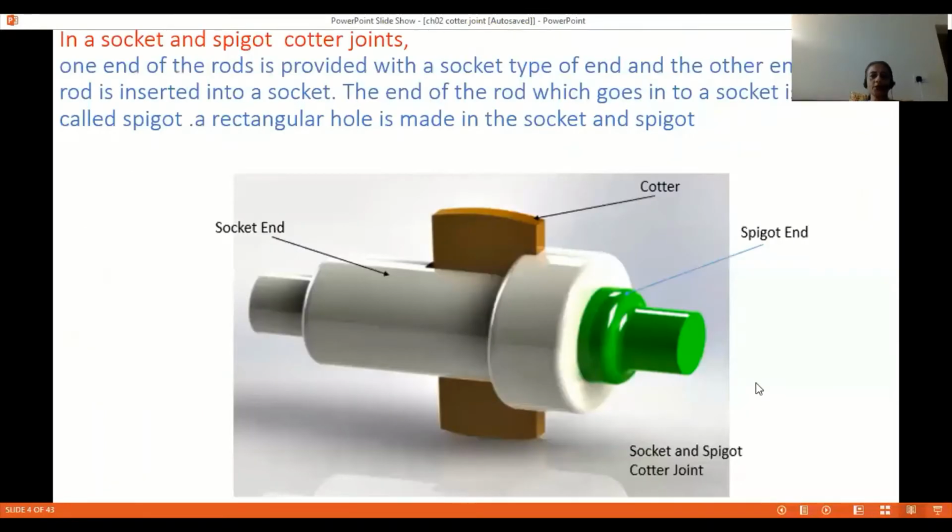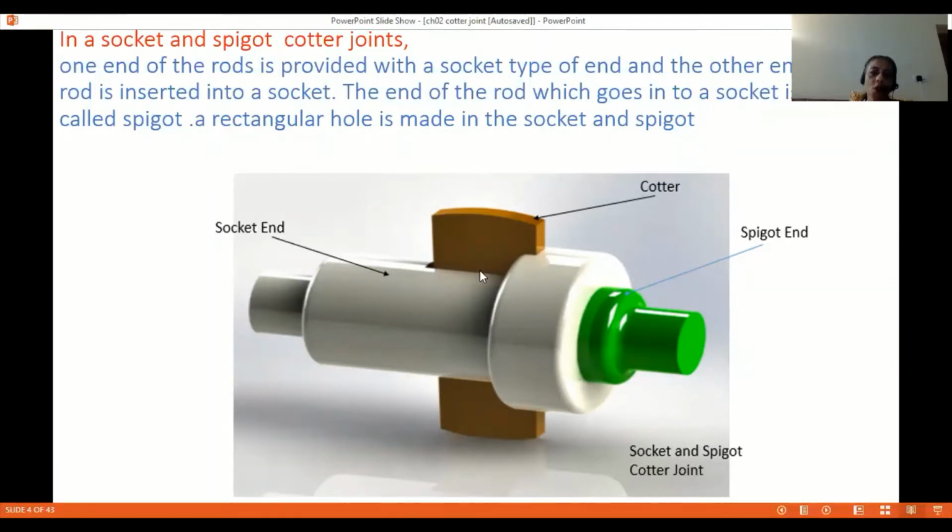Next, which we are going to study in detail, is the socket and spigot and quarter joint. In it, one end of the rod is made in the form of a socket. The other end, which will be inserted into the socket, is known as a spigot.